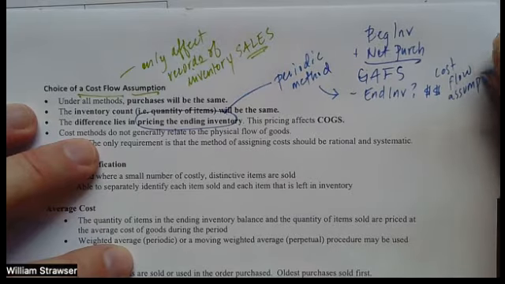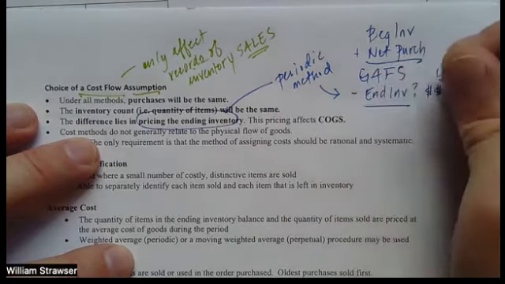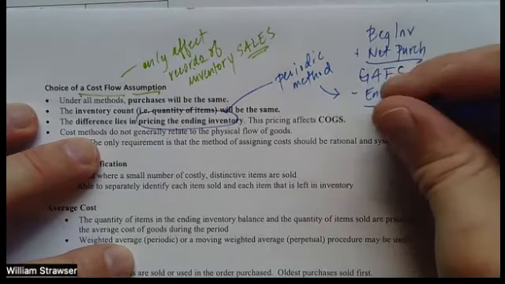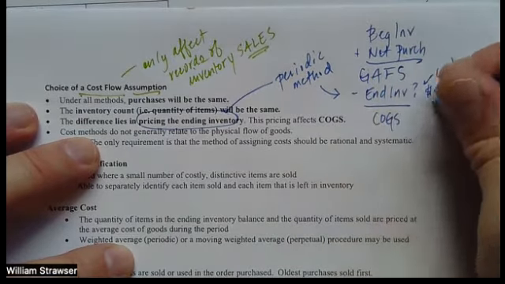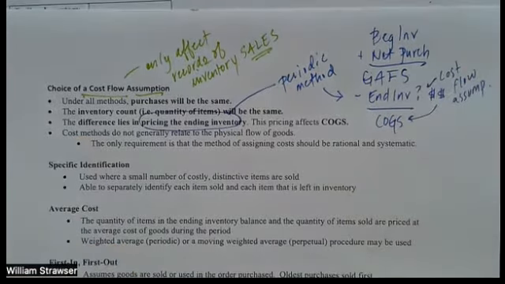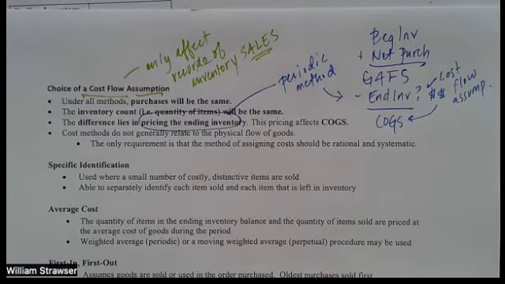And because it influences this number here, it also influences that number there. When I am doing this under the perpetual method, I'm assuming what I just sold in the transaction. Because remember, under the perpetual method, I record cost of goods sold with every single sale I make. And so I'm determining what is the debit to cost of goods sold for the item I just sold.